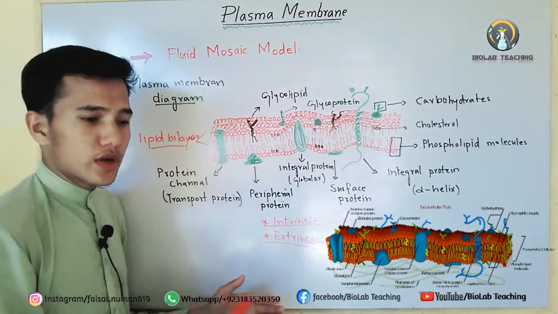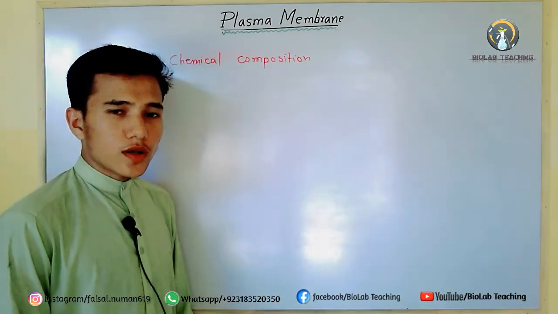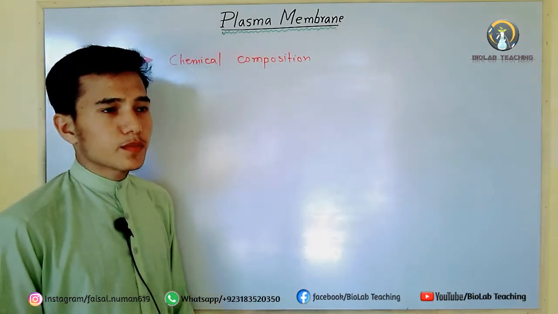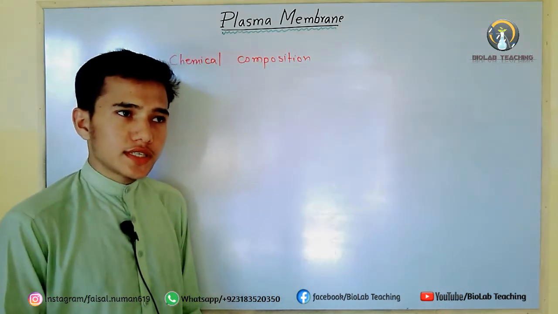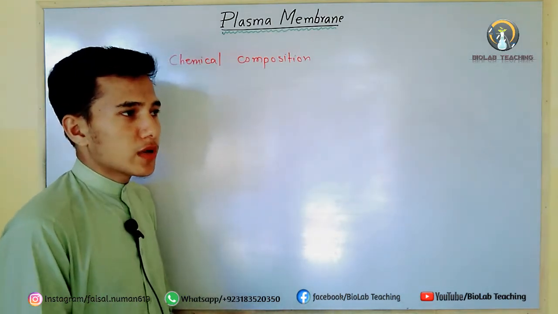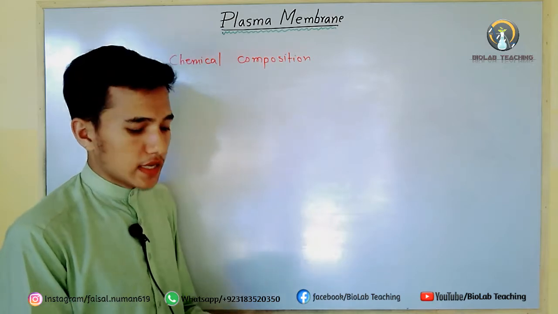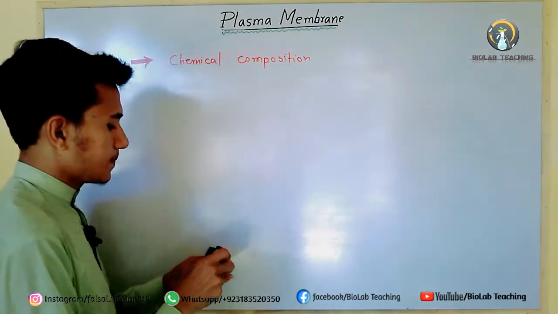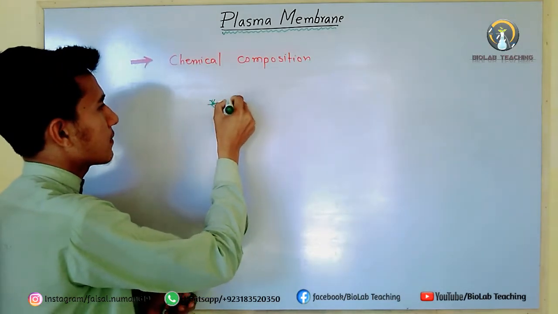And now we are going to the composition of the plasma membrane, meaning the chemical composition. There are a lot of things present in a plasma membrane, but notably it is composed of four things. The first is the lipid bilayer, meaning the phospholipid.